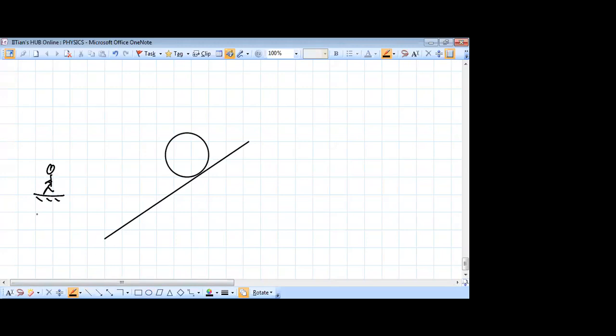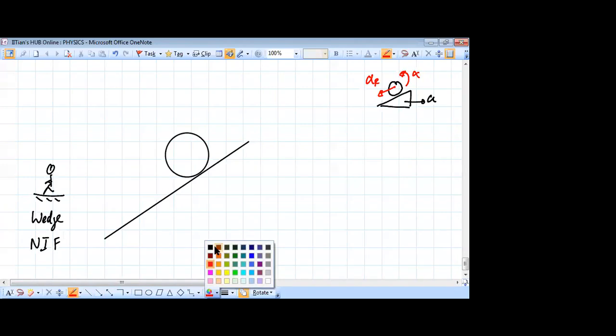This is the reference frame of the wedge. So it's a non-inertial frame. So I'm assuming that the wedge is accelerating at some A, and this guy is accelerating relative to the wedge at some A relative, and angular acceleration is alpha. So my reference frame here is accelerating like this.